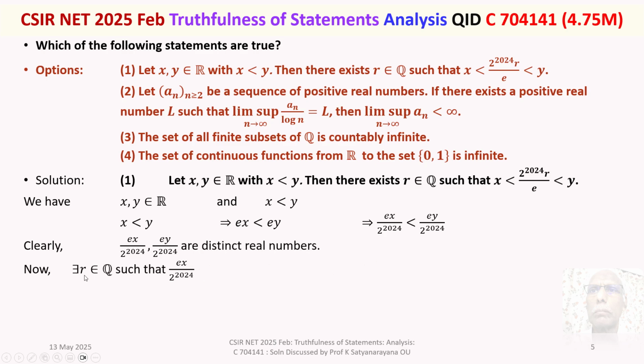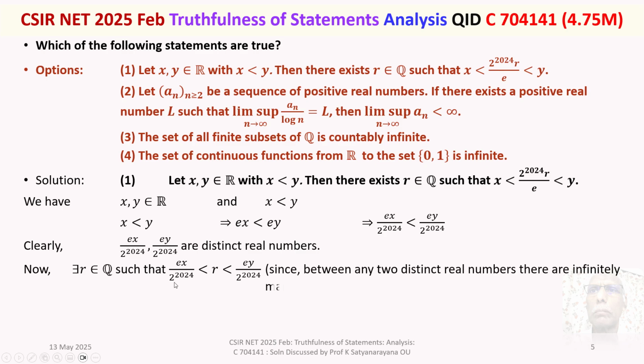Now there exists a rational number r such that ex by 2 power 2024 is less than r is less than ey by 2 power 2024. This happens. Why? Because between any two distinct real numbers, there are infinitely many rational numbers. That is the denseness of the rational numbers.